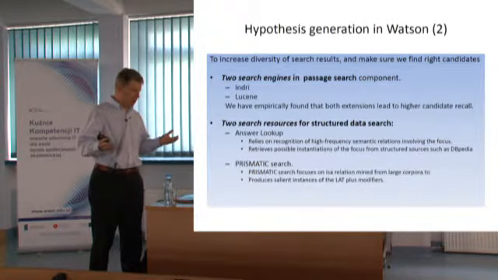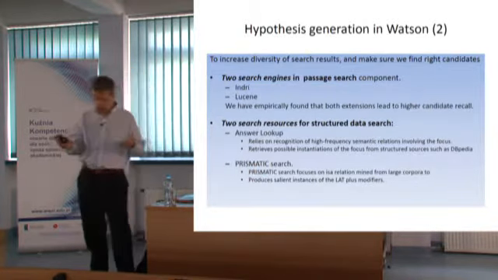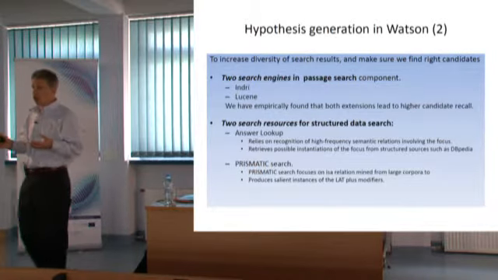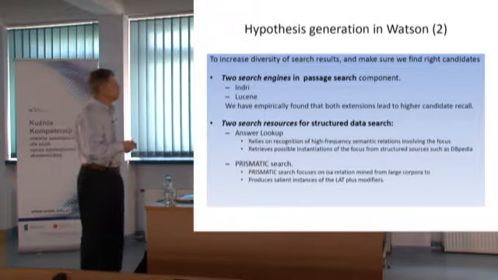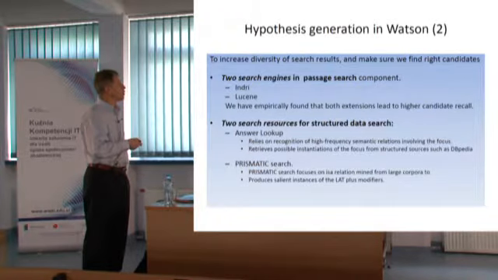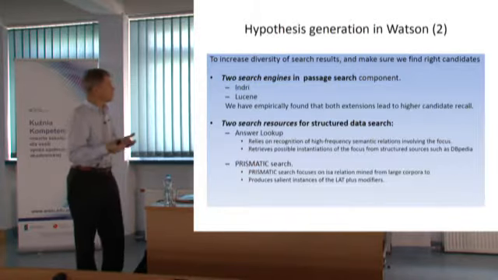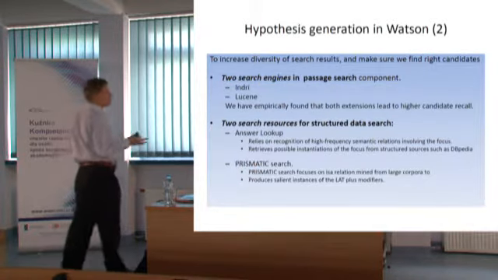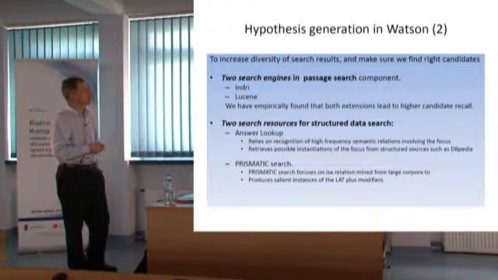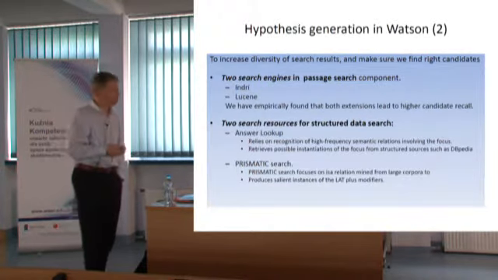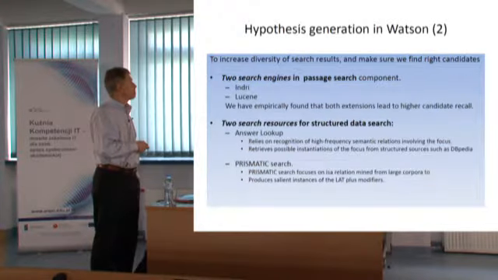If we don't have the right candidates, we cannot score them, and we cannot find the answer. So the diversity of strategy between INDRI and Lucene gives us a larger collection of candidates than would be possible with just one search engine.